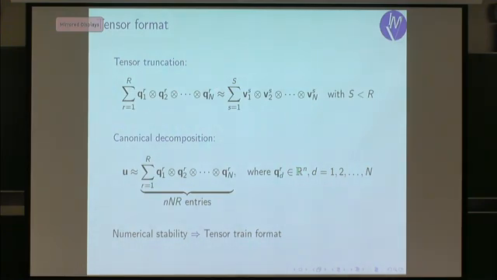I have to approximate it somehow, but decrease the tensor rank. And this is the crucial operation that has to be done basically after every algebraic operation in the solver.